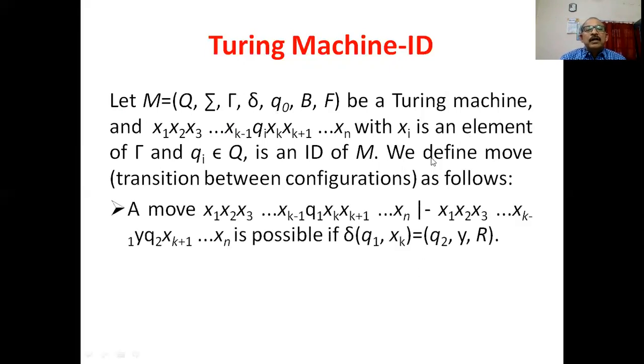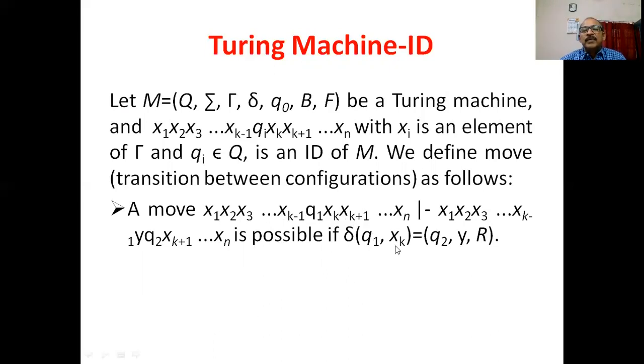Suppose the current configuration is x1, x2 to xk minus 1, q1, xk plus 1 to xn, and delta of q1, xk is q2, y, R. What does it mean? Machine in state q1, the symbol under the current head is xk.